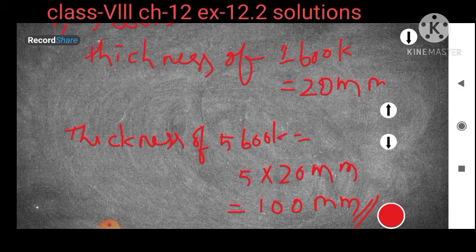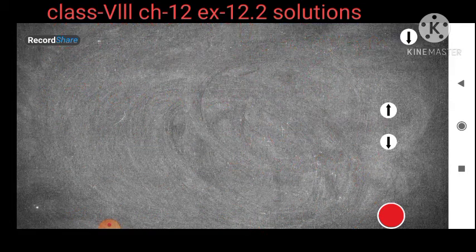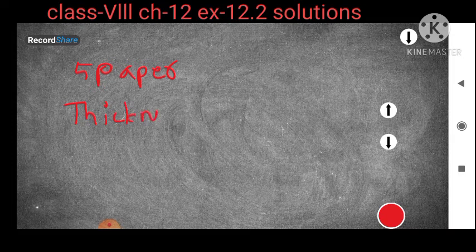Then again it is given that 5 paper sheets are there. The thickness of one paper is 0.016 millimeter.